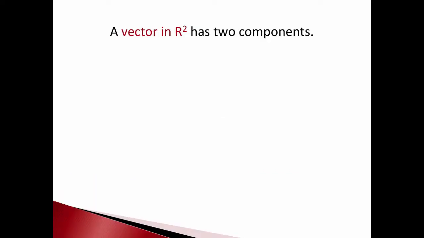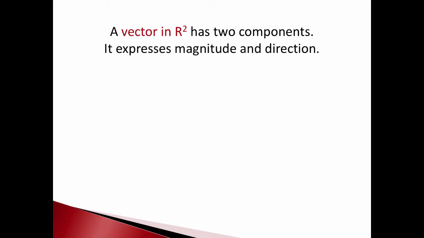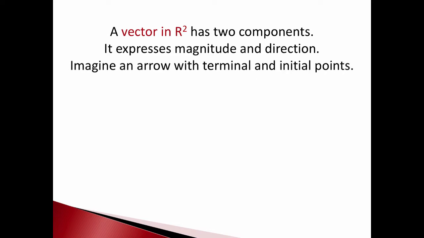So a vector in R2, the two-dimensional plane, has two components. If you ask a physics book, they'll mumble something about a vector being something with magnitude and direction, which sort of makes no sense at all. But a vector is something much more specific than that. It does have magnitude and direction, and you can imagine it, like you see in physics books all over the place, as an arrow with a terminal point and an initial point.